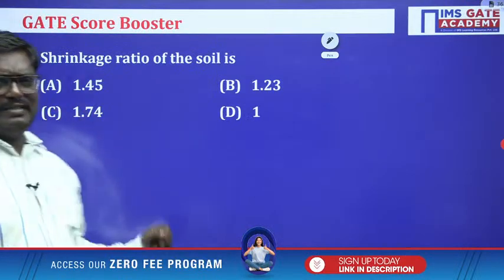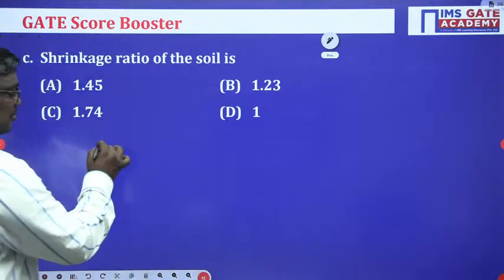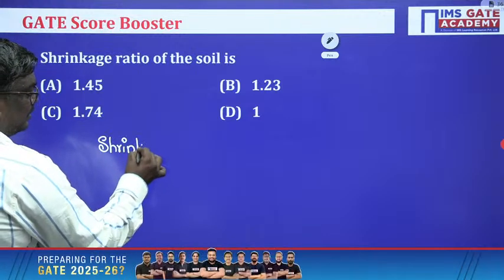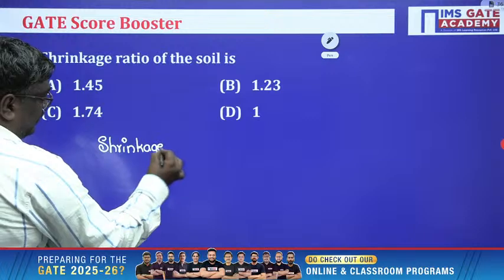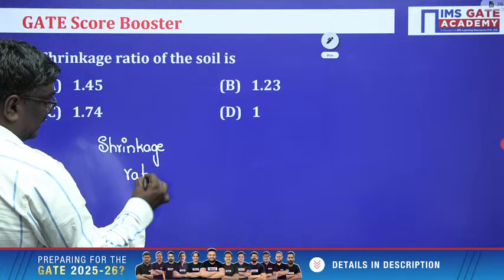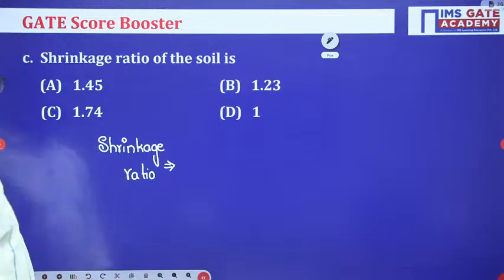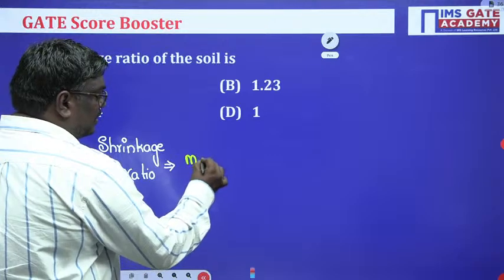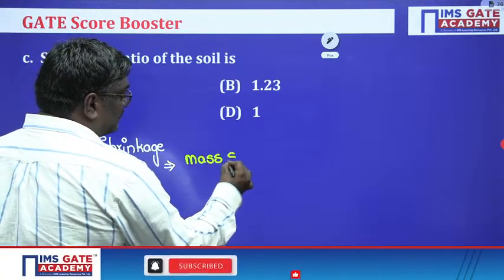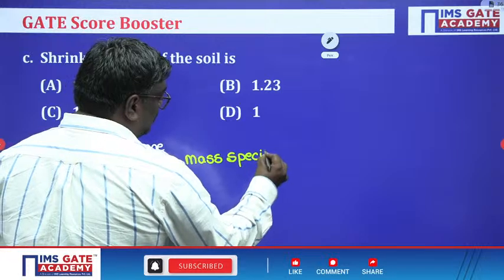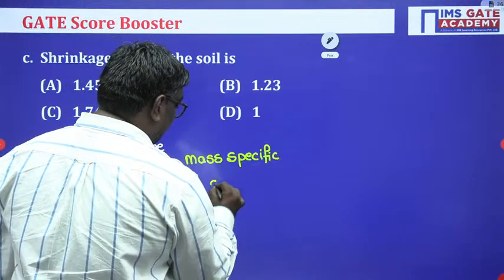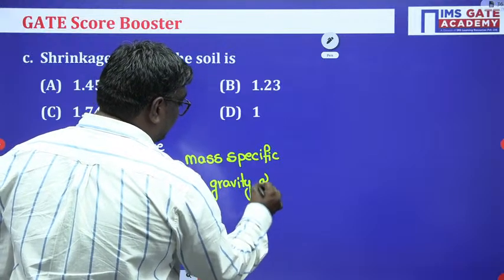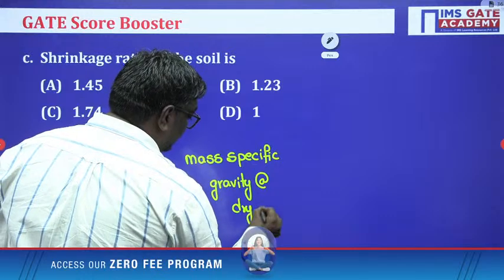They have asked the same problem. What is the shrinkage ratio? It was given in the problem itself. I told you already, if they ask you what the shrinkage ratio is, it is nothing but the mass specific gravity at dry state.